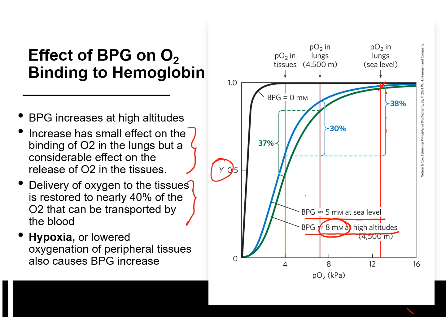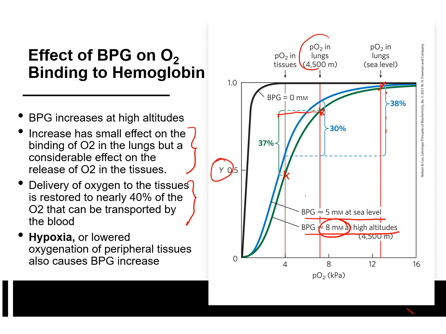Notice that this is quite interesting. This is PO2 in the lungs right here, right? We pick up a certain amount of oxygen here in the lungs. We're going down to the green line now. And we release it in the tissues down here with the curve shifted to the right.